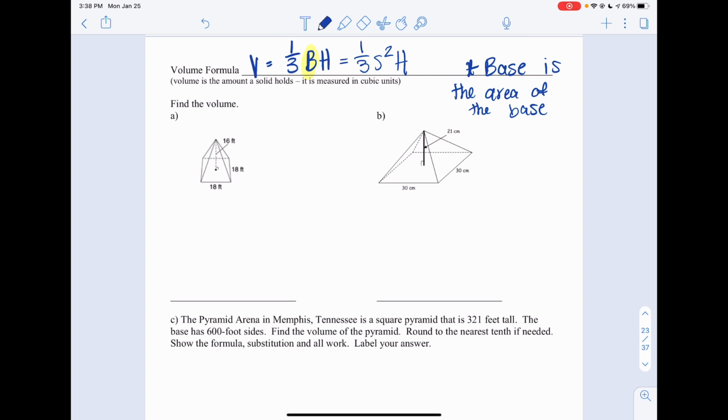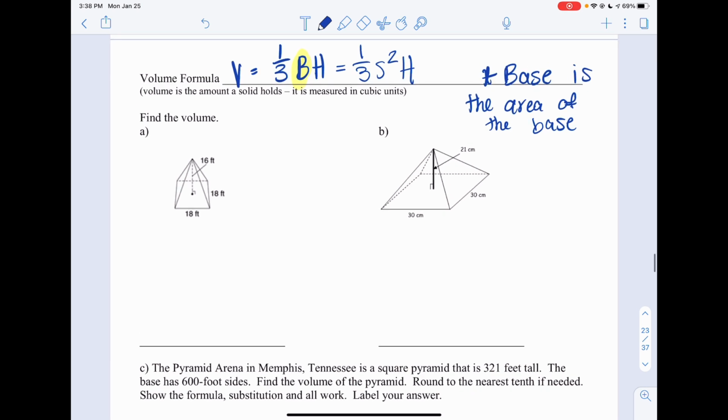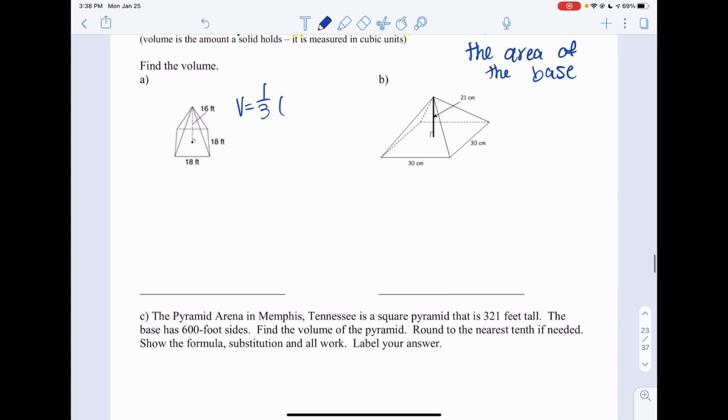Okay, now starting off with volume and using my equation that we got here, okay, I have volume is equal to 1/3 times s squared, which s squared is just the sides of my base, times the height of the pyramid. Okay, so I'm going to go ahead and bring down 1/3 because there's nothing for me to really plug in that 1/3.